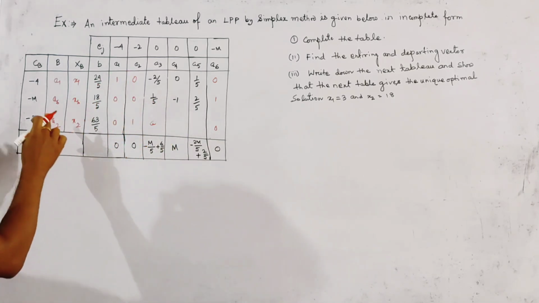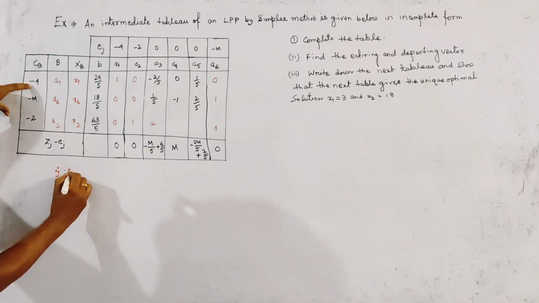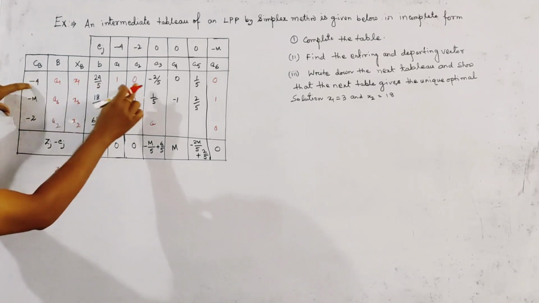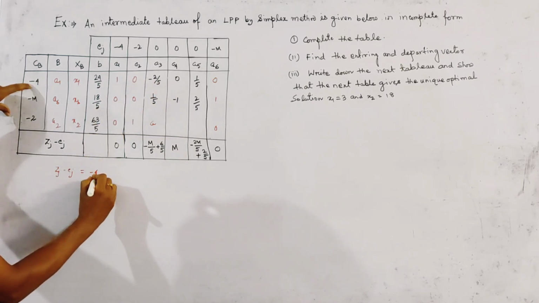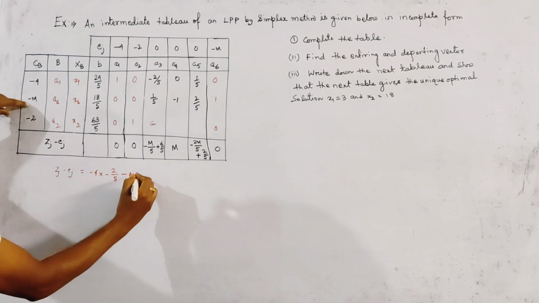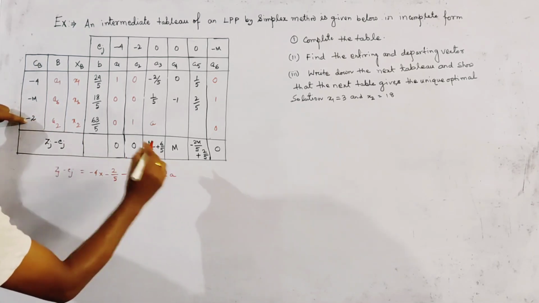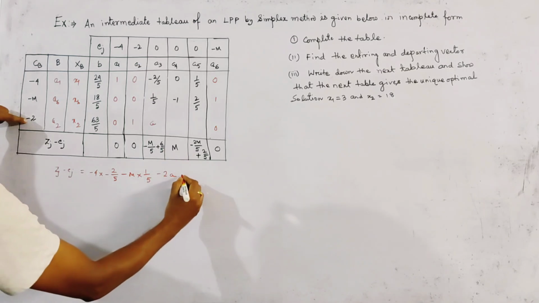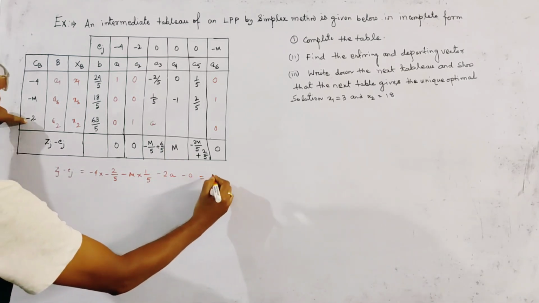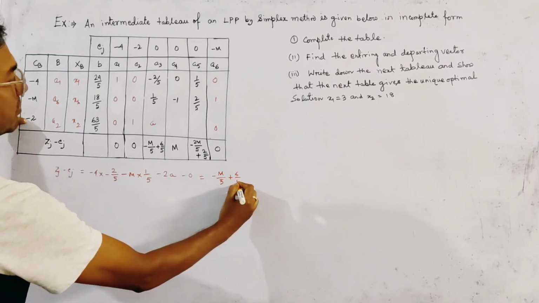Now the net evaluation corresponding to this is given, and let the unknown variable be a. From the calculation of Zj minus Cj, Zj minus Cj is equal to -4 into -2 by 5, minus M into 1 by 5, minus 2 into a, minus 0. Here Cj is 0. This is given by -M by 5 plus 8 by 5 minus 2a, which is equal to -M by 5 plus 6 by 5.